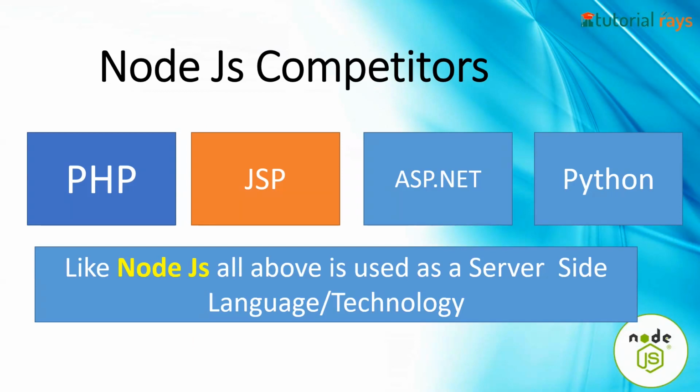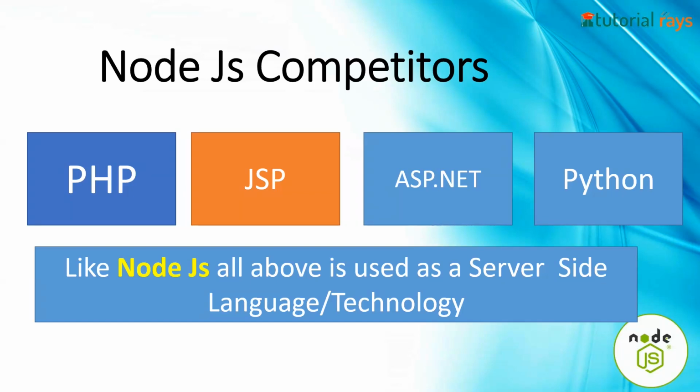If we talk about the competitors of Node.js, you understand one thing, that Node.js is used on server, not on client. So you can understand that PHP, JSP, ASP.NET, Python can be used as server-side technology or programming language.